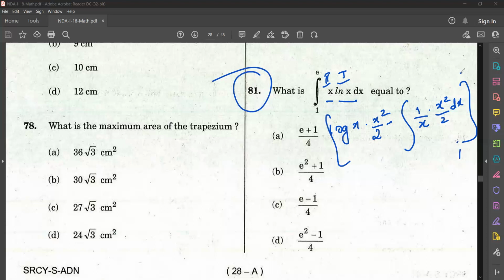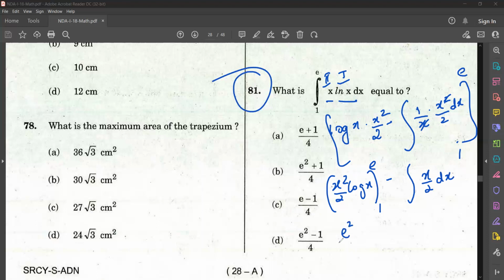So this will become x square by 2 log x. I'm separately giving the limit for this, minus here I have again integration, that is integral x by 2 dx, isn't it? Direct one, no? Very easy. So just apply here the limit.